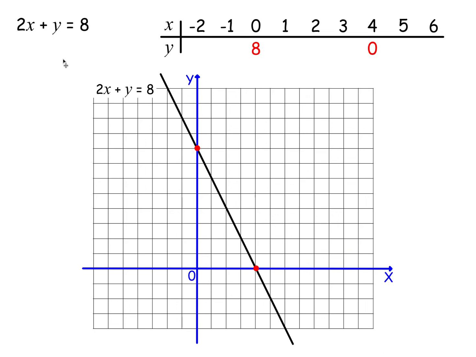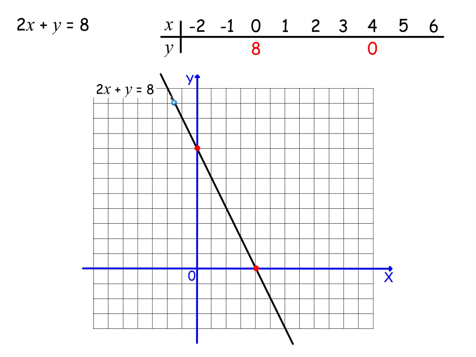If you make y 0, the y disappears and 2x is 8, so x is 4. So it's quite quick to work out where the line meets the axes. x 0, y 8; y 0, x 4. And that gives these two positions. So that's the solution to the equation 2x plus y equals 8.